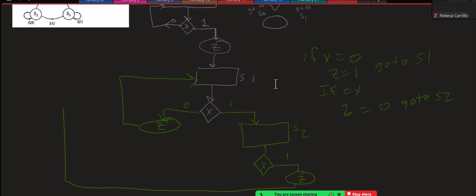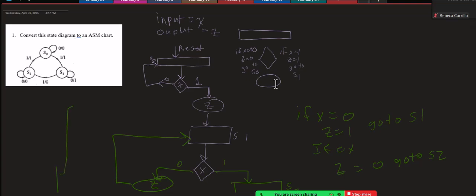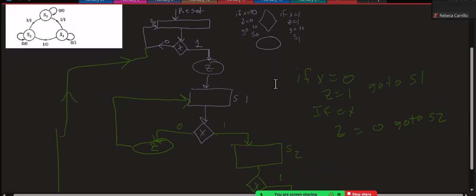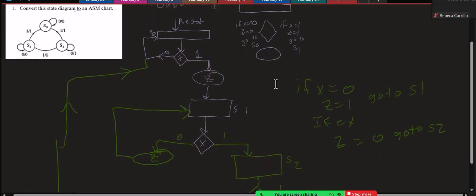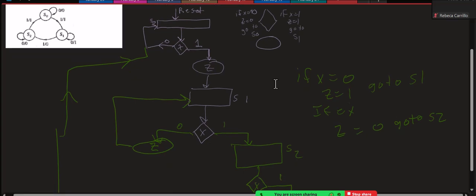So I'll go all the way back up here and join to that line. And if x is 0, my output is 0, and I go back to S2.